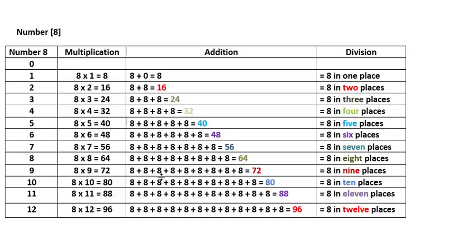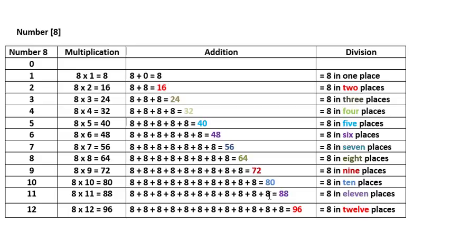But in this instance, I want to focus more on the subtraction. So let's take 11. 8 in 11 places means 88. If we take one 8 away out of the 11 8s, it becomes 10 8s. And 10 times 8 will give us 80. And if we say 88 minus 8, it will still give us 80.